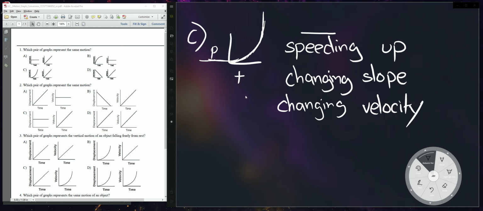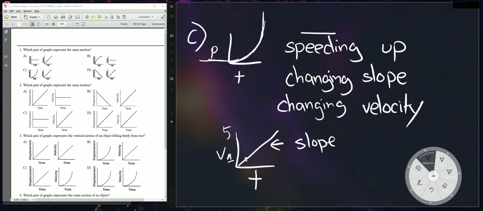And now the VT graph right here, we see this line. If we just call this 1 and call this 5, at this point in time our velocity is 1 meter per second, at this point in time our velocity is 5 meters per second. Is our velocity changing? Yes, it is.